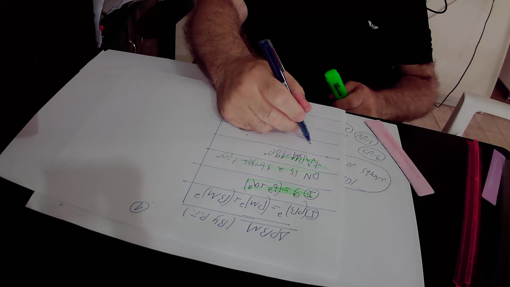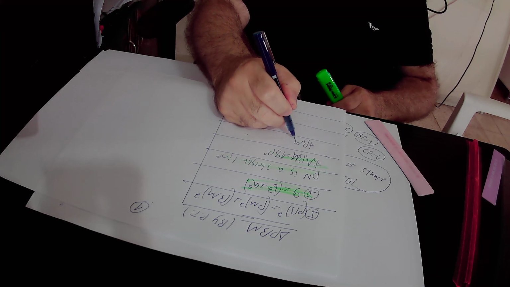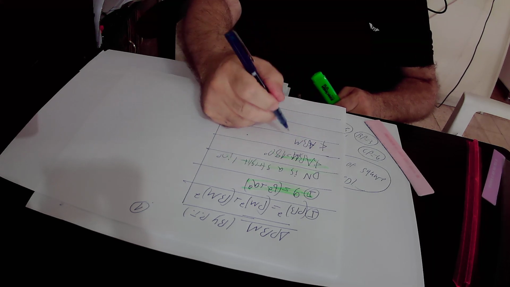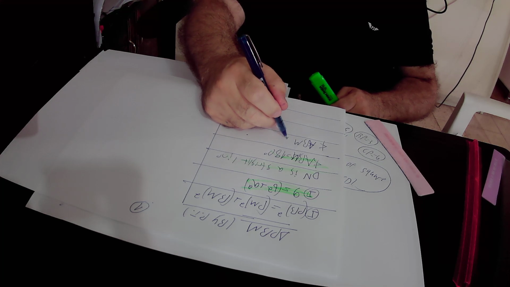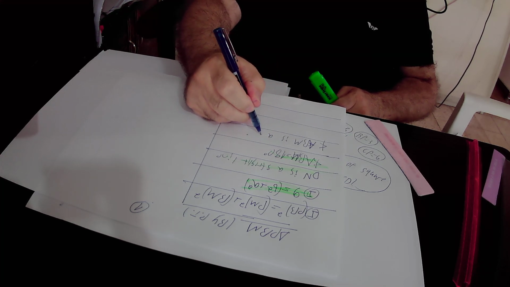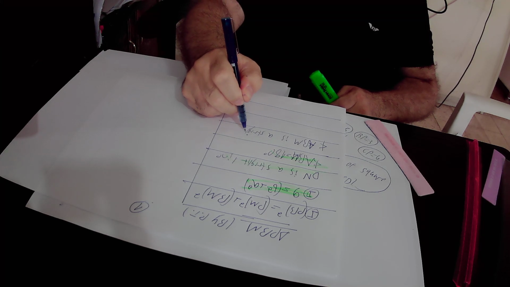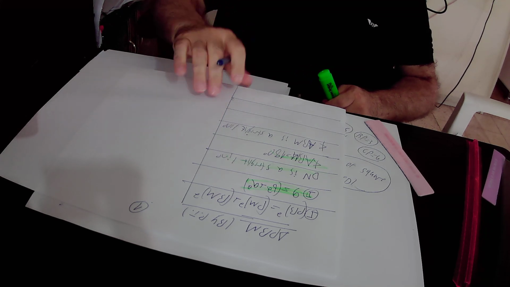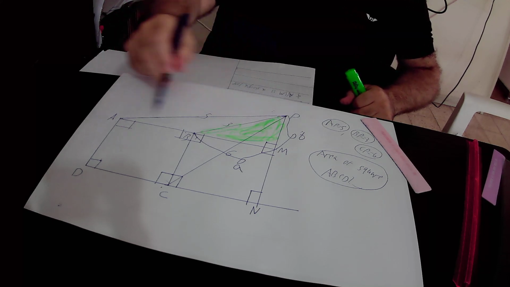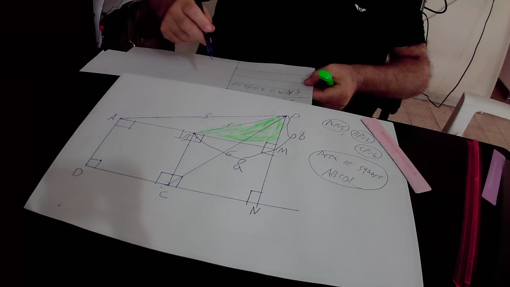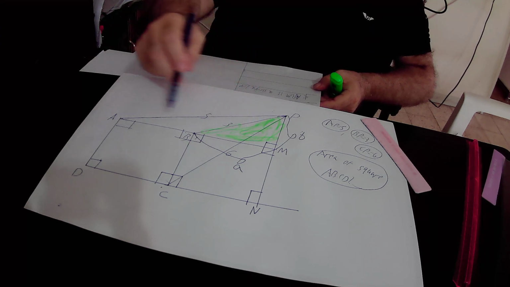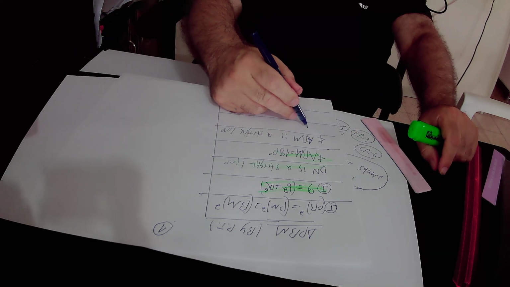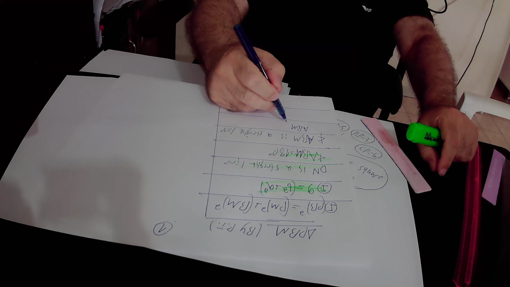Therefore, angle ABM, that is equal to 180 degrees, is a straight line. Repeat again, this angle ABM is a straight line. If angle ABM is a straight line, it means that line segment ABM is also a straight line.